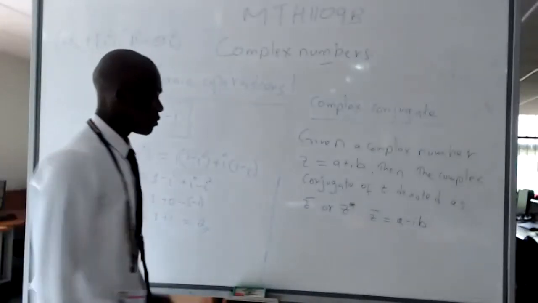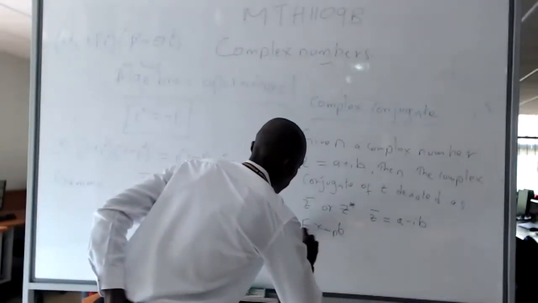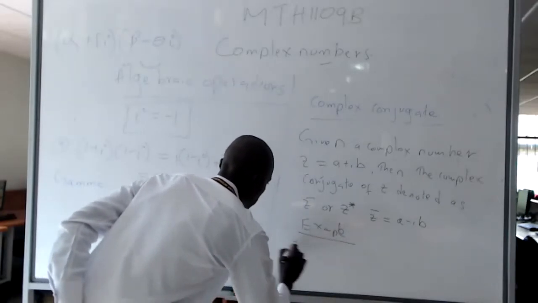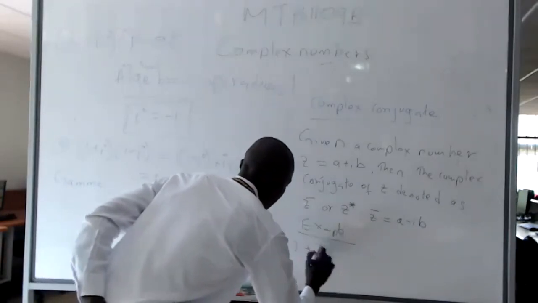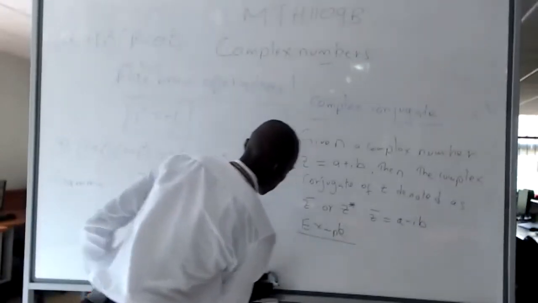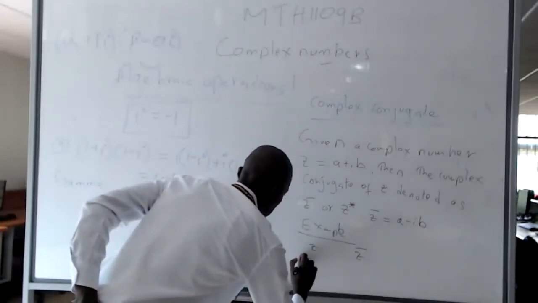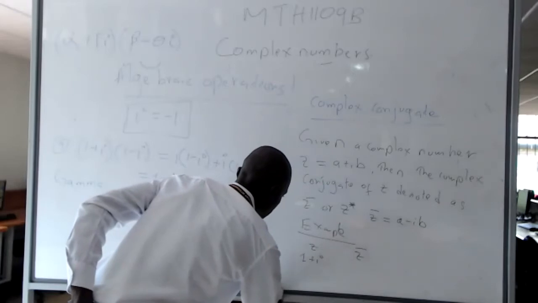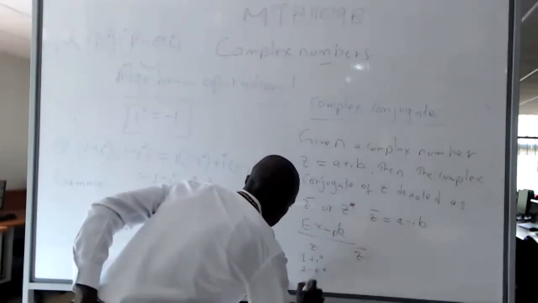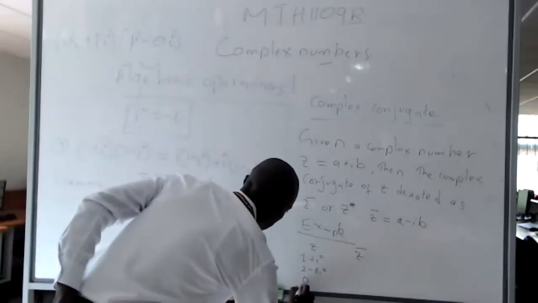Okay? So example. What is the complex conjugate of the number 1 plus i? Let's have a table of z bar: 1 plus i, also 2 minus 6i, I also want 0, maybe 1.